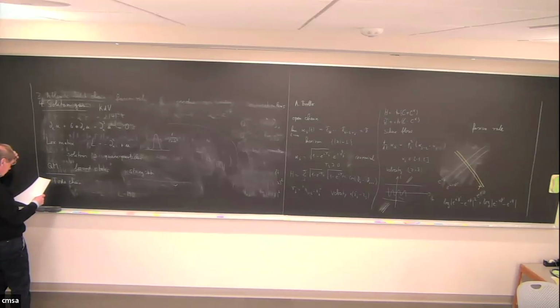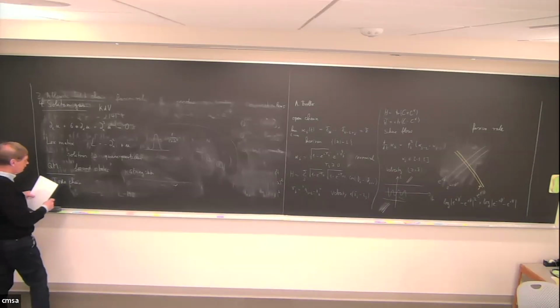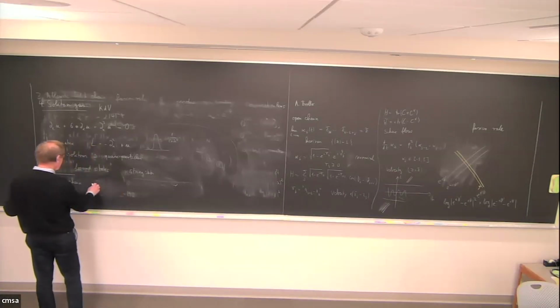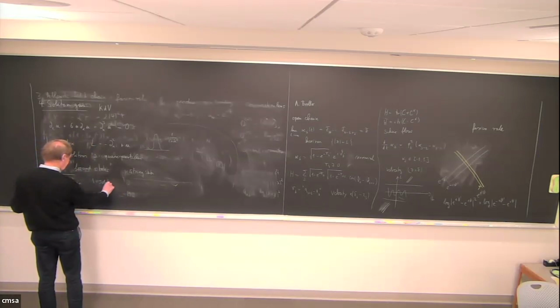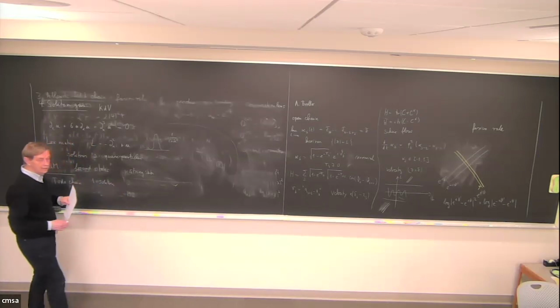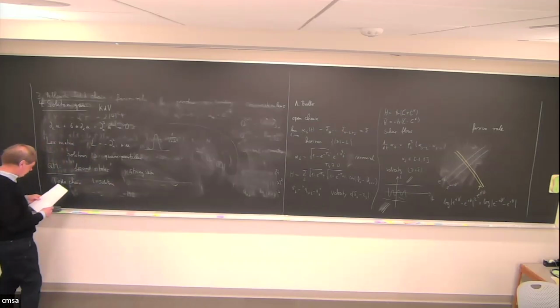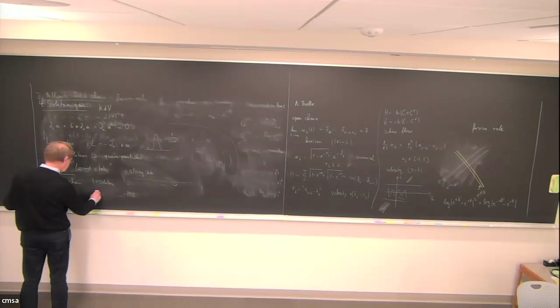Now we have the Toda chain, and of course, Toda discovered the one soliton solution. Now I can explain this. Maybe I want to write down the formula.